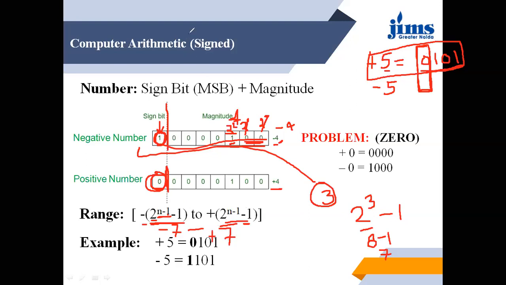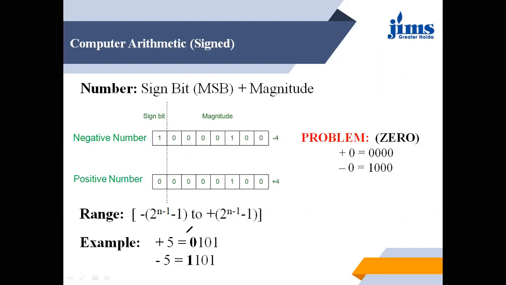One more example to clear this concept: if we want to represent 5 in decimal in signed magnitude, then as this is a 4-bit number, the first bit represents the sign, that this is a positive number, and 101 is equivalent to 5.